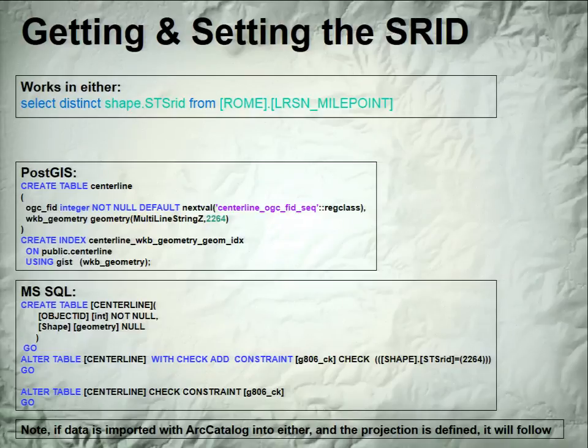You can have one feature that may be one to however many lines, and they don't have to touch each other. Z means that it includes 3D, the elevation coordinates. And then 2264 is the projection. It's assigned when you create the geometry field in PostGIS, or you really should.